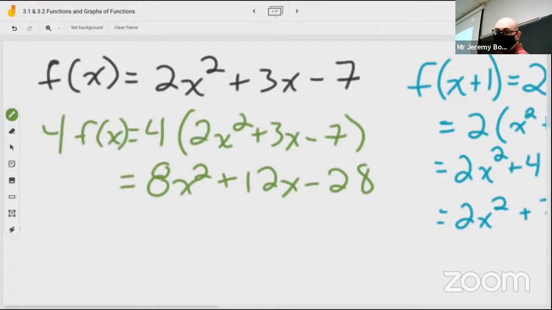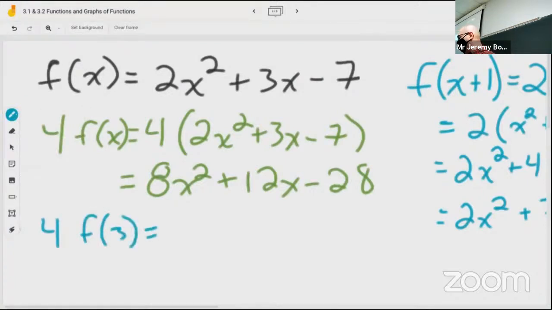Any questions on that? Would you ever have a number for like, 4f of another number? It could be. So saying like 4 f of 3.